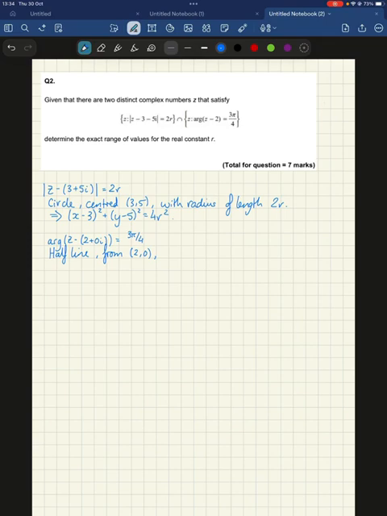For half lines, the gradient is tan of the argument, so the gradient is tan of 3 pi by 4. Tan of 3 pi by 4 is minus 1, so m is minus 1.